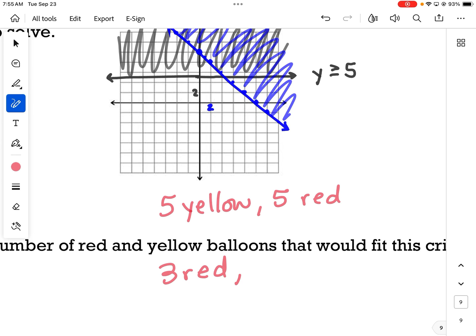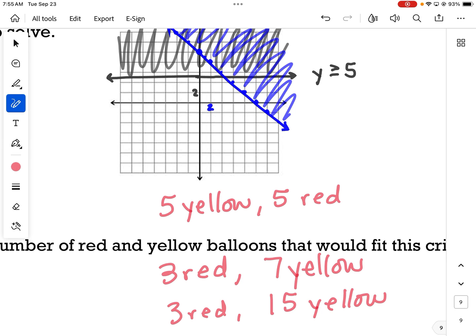What would be an option for the yellow? 7. Or couldn't I do 8? Because it could be more than 10 total. So let's say 3 red, I could do 15 yellow. As long as they add up to equal 10 and what? Yellow has a minimum of 5, we're good.